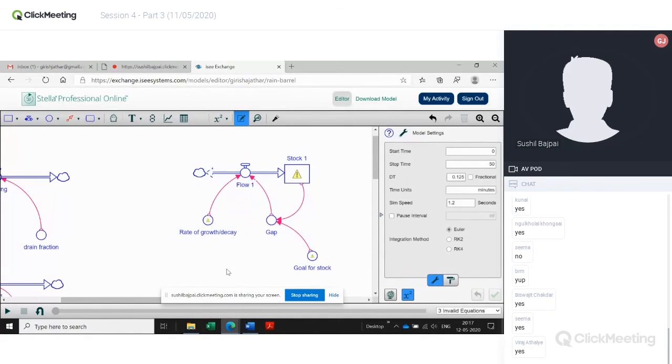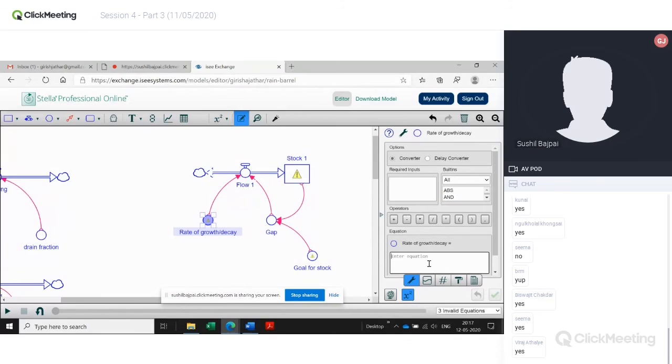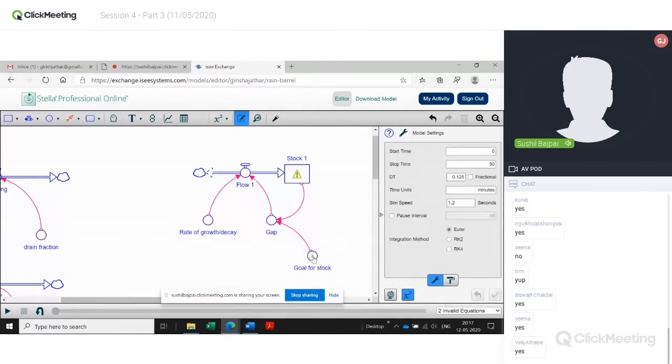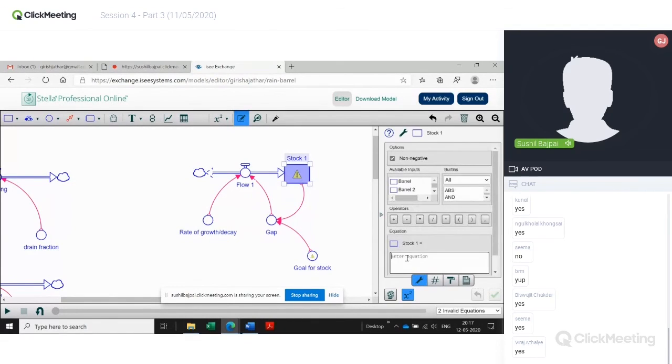And here you put any value, 0.1, 0.2, 0.3, whatever is your rate of growth. Point one. And stock one, you will have to put some figure there, initial value. It could be 0, it could be 100, whatever you want.